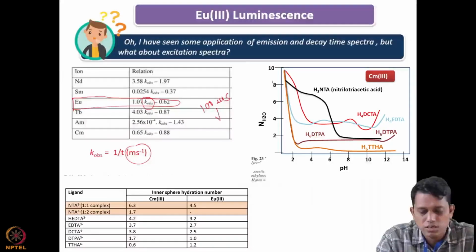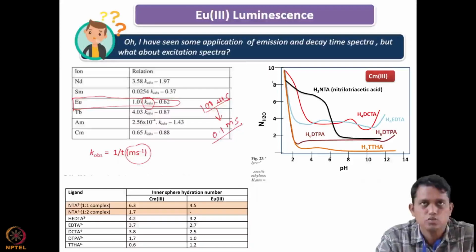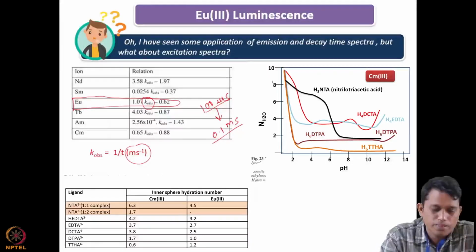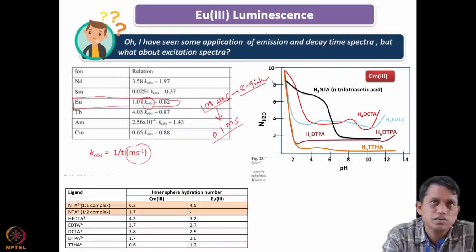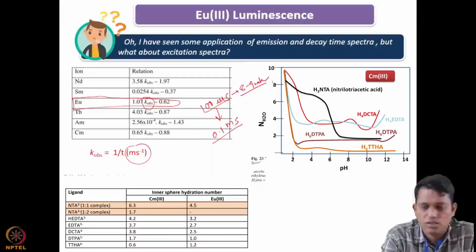Before using this equation, you have to convert the microseconds to milliseconds. Once you do that, you put it into the equation, and for 100 microseconds you will get around 8 to 9 water molecules. So directly using this relationship and the knowledge of the decay constant, you can get an idea about the number of water molecules in the primary hydration sphere.